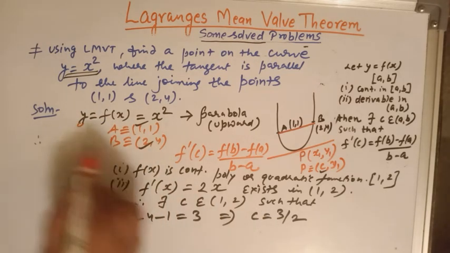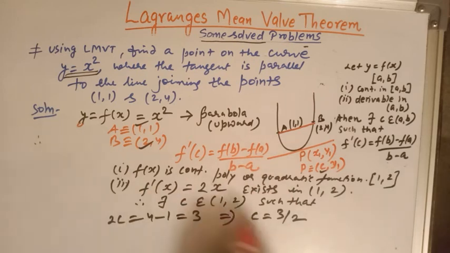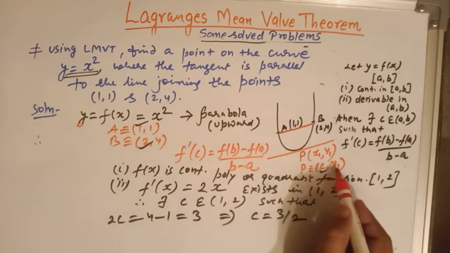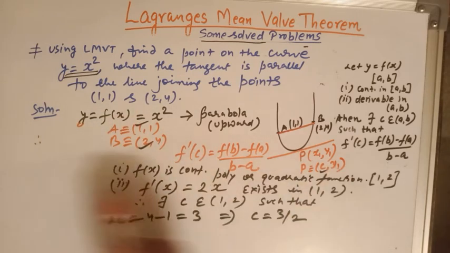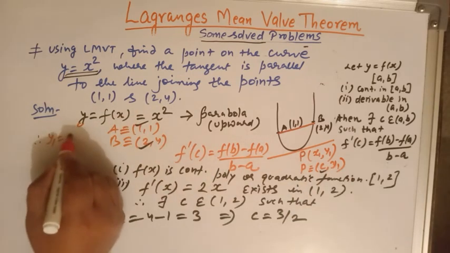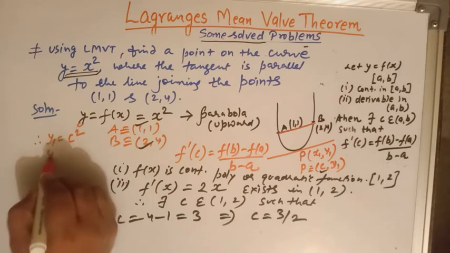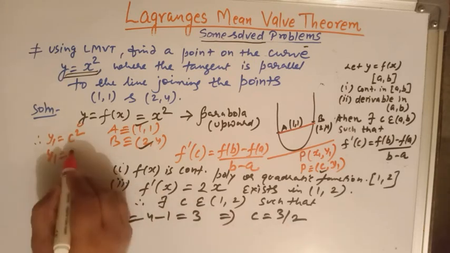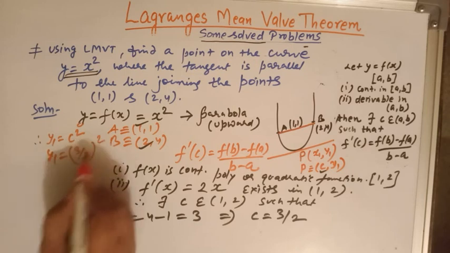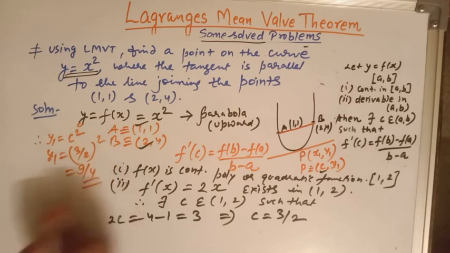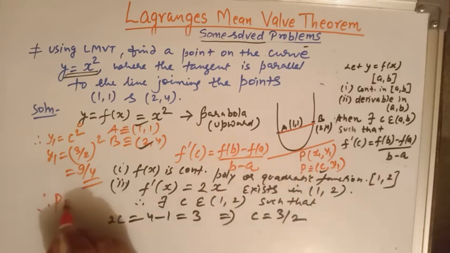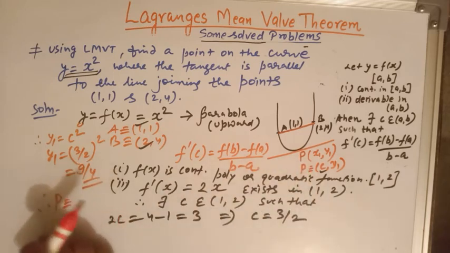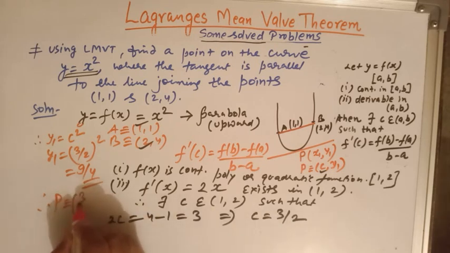Therefore the value of y1: we have got c equal to 3 by 2, so this must satisfy the equation. So y1 is equal to c square, which is (3 by 2) square, which is 9 by 4. Clear? So therefore the required point P is (3 by 2, 9 by 4).